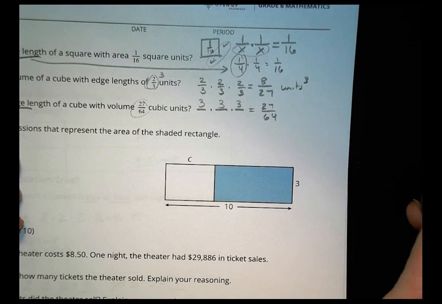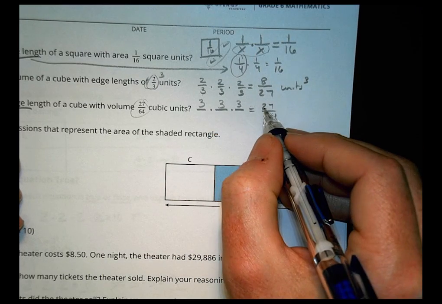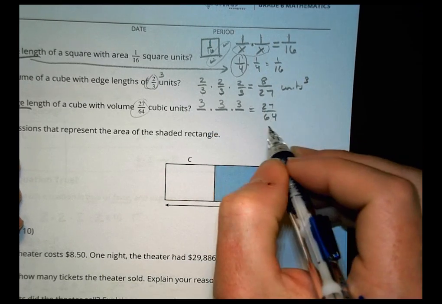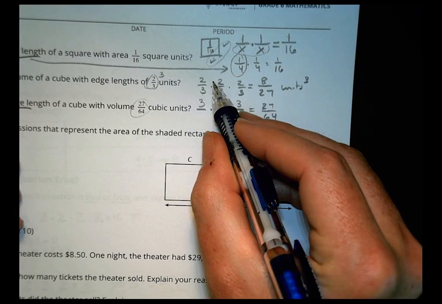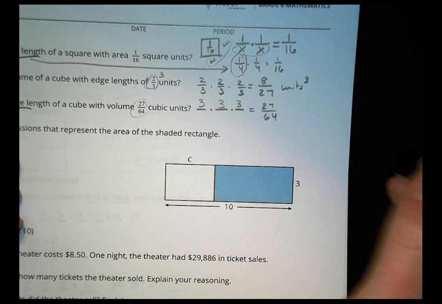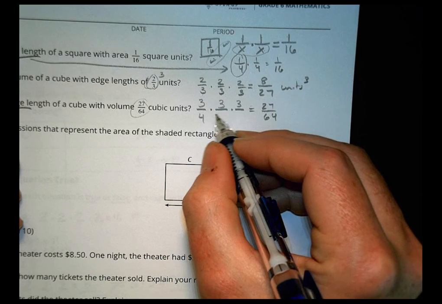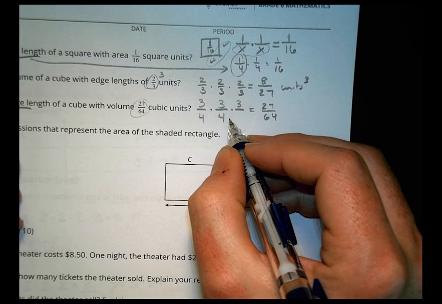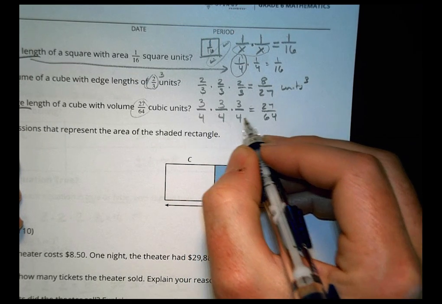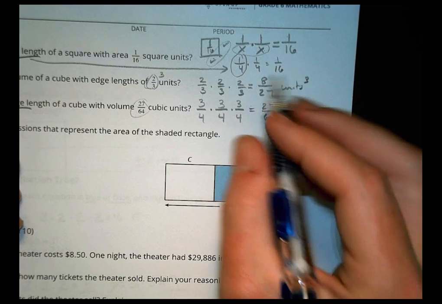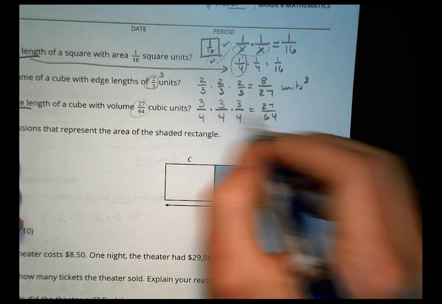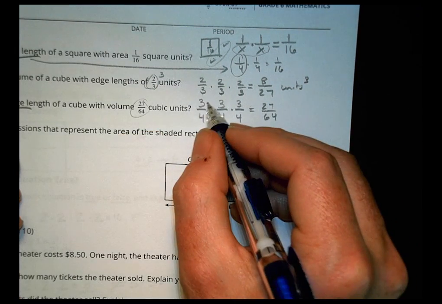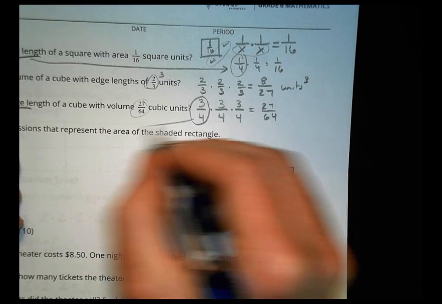I know 3 goes on top because it gets me to 27. So what's going to go on the bottom to get me to 64? It's not 2. We've already used 3. You could try 4. Well, 4 times 4 is 16, and 16 times 4 is, hey, what do you know, 64. So just some trial and error there. You can find out that one edge length is going to be 3/4.